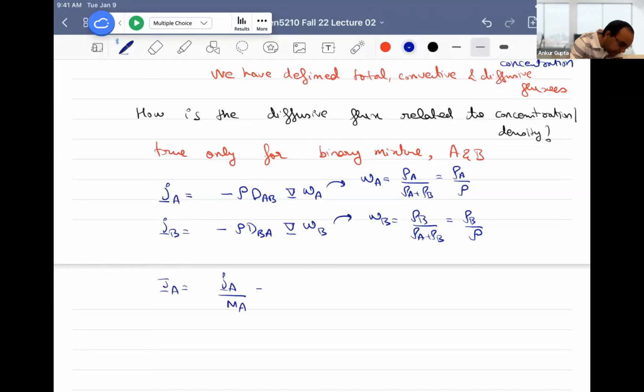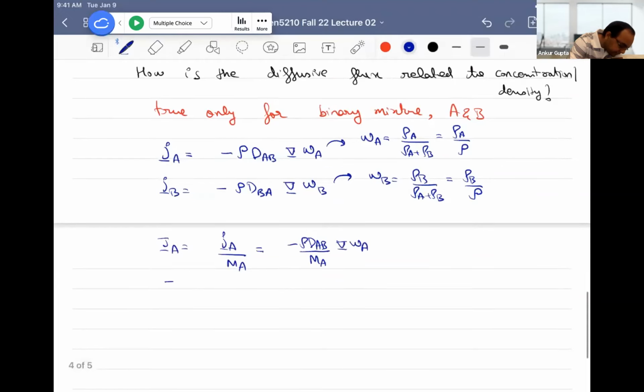This is what we discussed earlier. So you get this as your molar flux. And JB would be jb by MB. This would be minus rho D_BA over MB times grad omega B. Okay. So this is your mass flux and the molar flux.